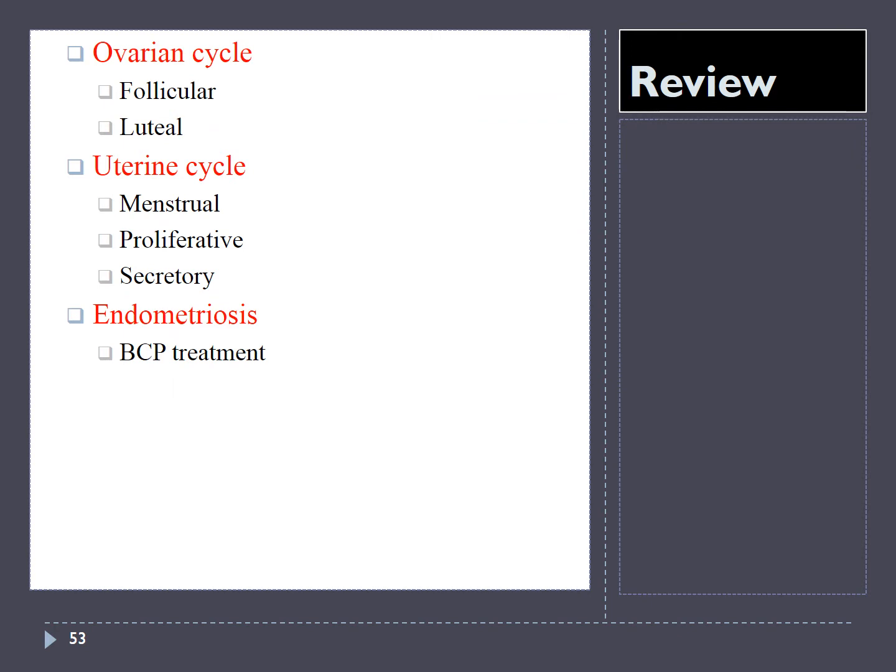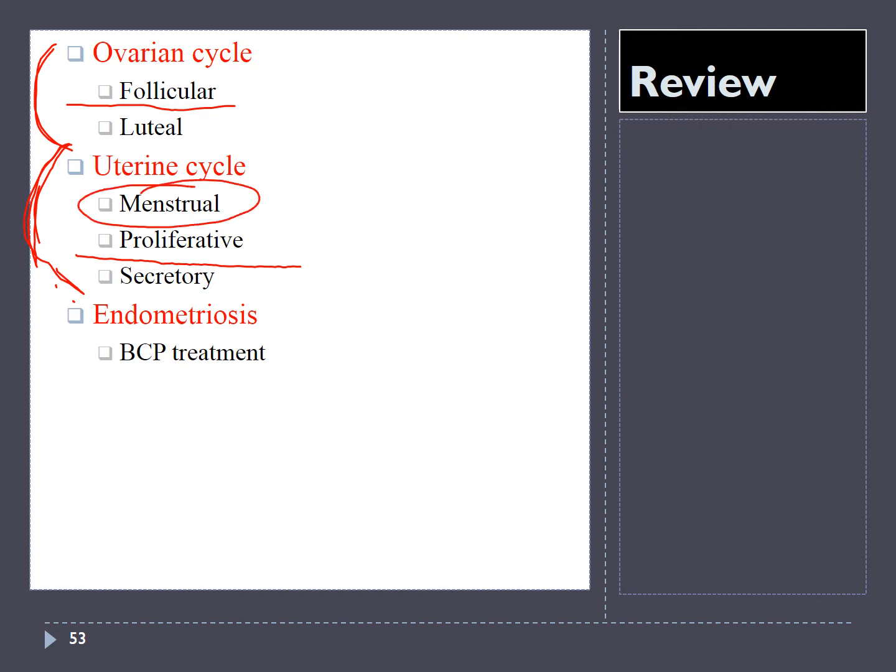So we covered the ovarian cycle, which had just two sections, the follicular phase and the luteal phase, which were separated by ovulation. There were also changes happening to the uterus at the same time, which we called the uterine cycle, which had a proliferative and a secretory phase separated by ovulation.